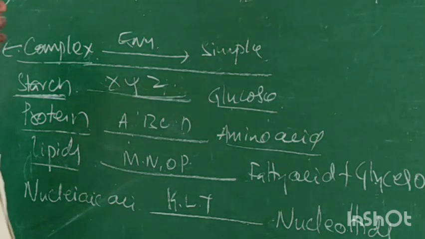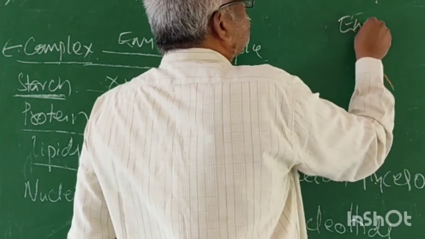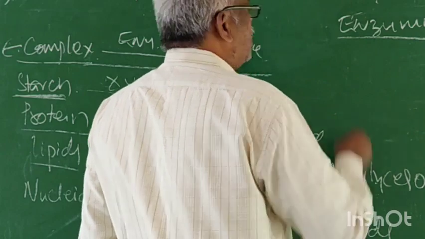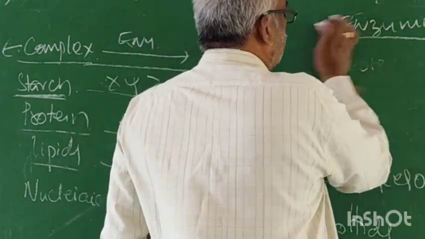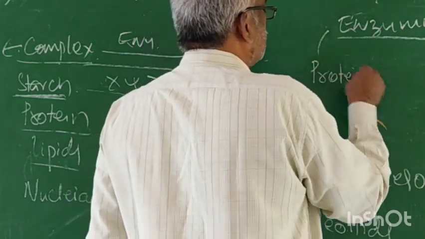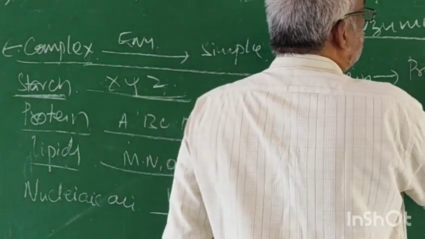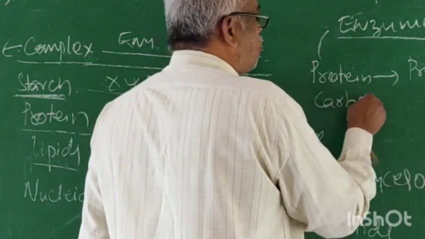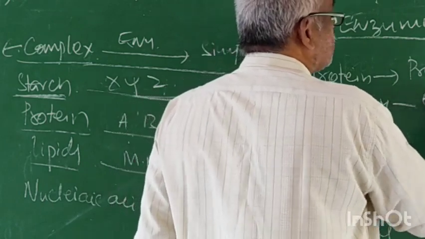Now, come to this. Now, what is enzymes? The enzymes which work on proteins are called proteases. The enzymes which work on carbohydrates, amylases.